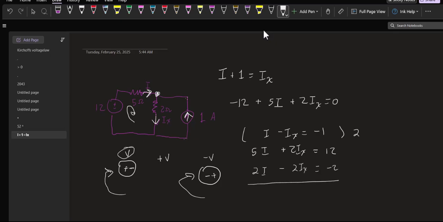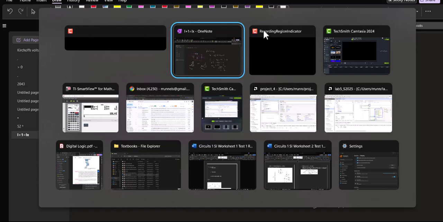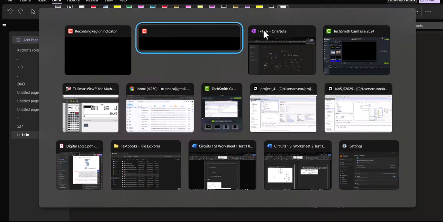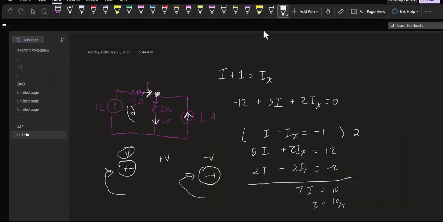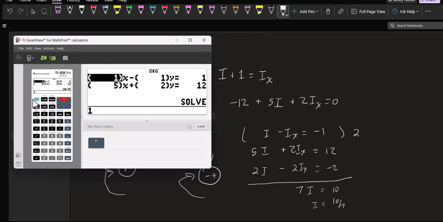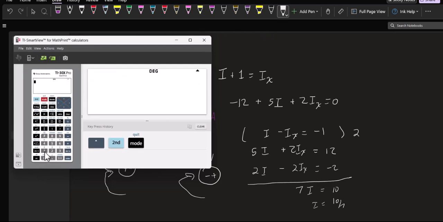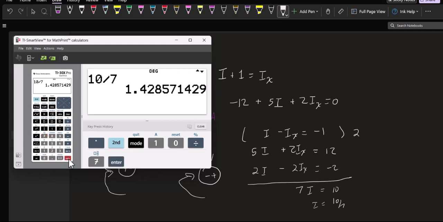And if I add these two equations together, I get 7I equals 10, or I equals 10/7, which is 1.43, so 1.43 amps.